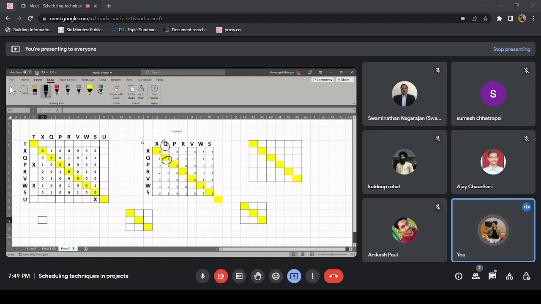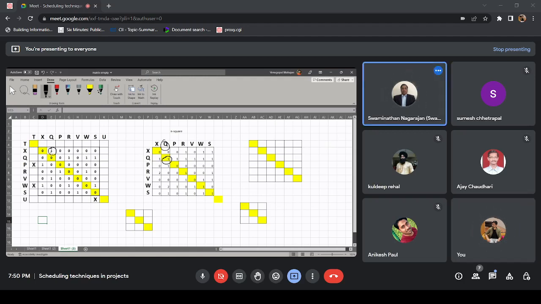Now you have got q. Start looking. Q gives information to x, q gives information to v, q gives information to s. Quite a heavy activity, but let's see. If it gives information to x, and x is giving information to w, w is giving information to q, this is one loop, right?